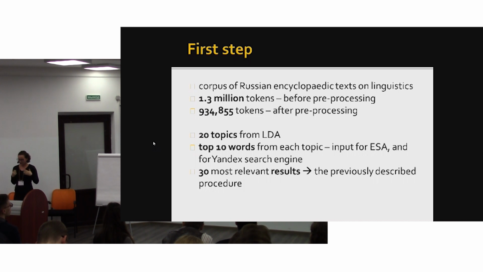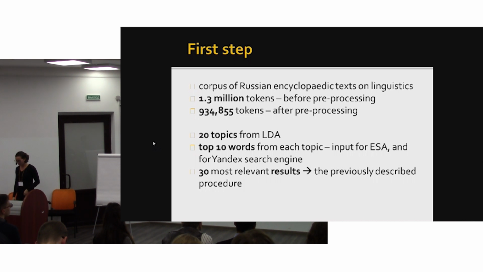The 30 most relevant results, both from ESA and Yandex, were processed as I have described. They were concatenated and given to TextRank, and a set of weighted labels was obtained.